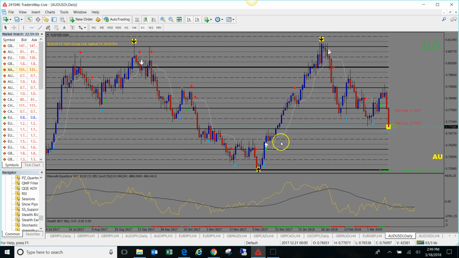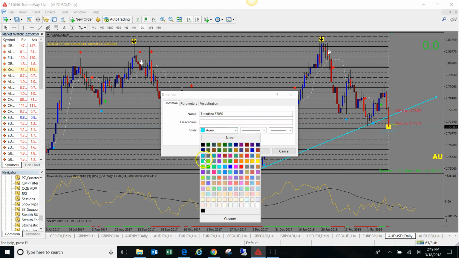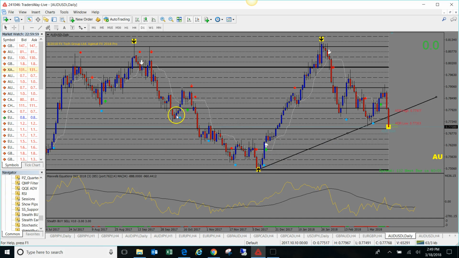All right, so this is the U on the daily. So again, what I do is just restrict this from the bottom. And let's change the colors on it. We're going to make it black. And then restrict it from the top. And when you're drawing your trend lines, you want to make sure that you go wick to wick. You don't want to cut into price and start cutting off candles and things like that.